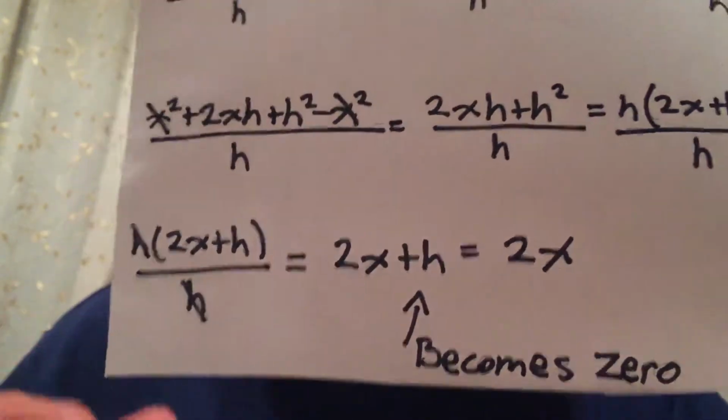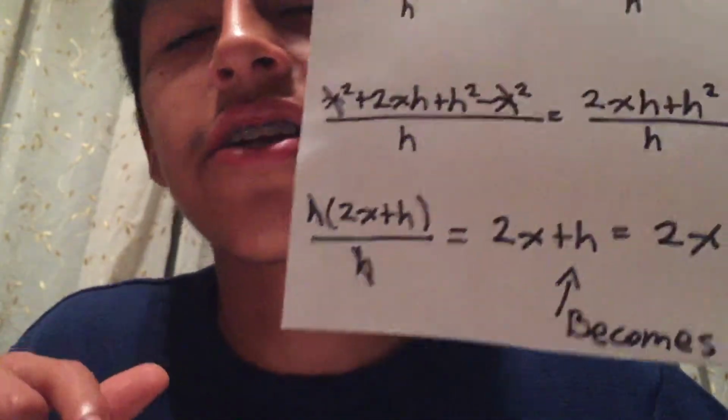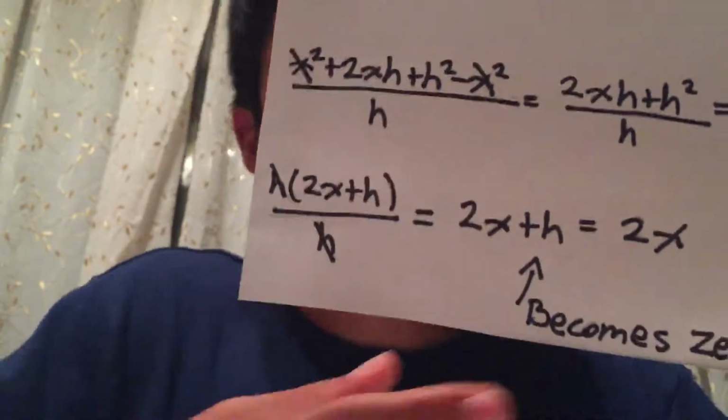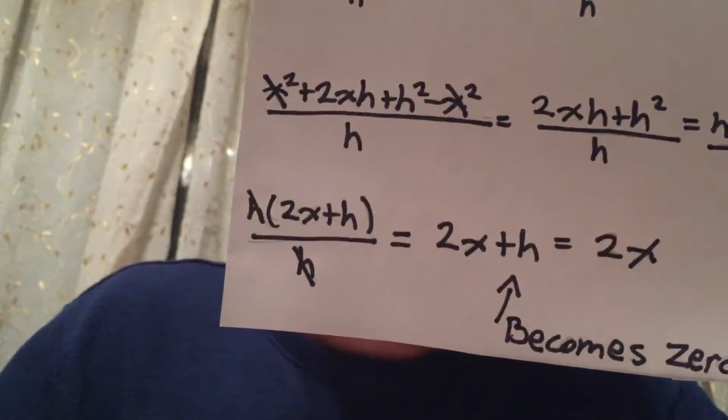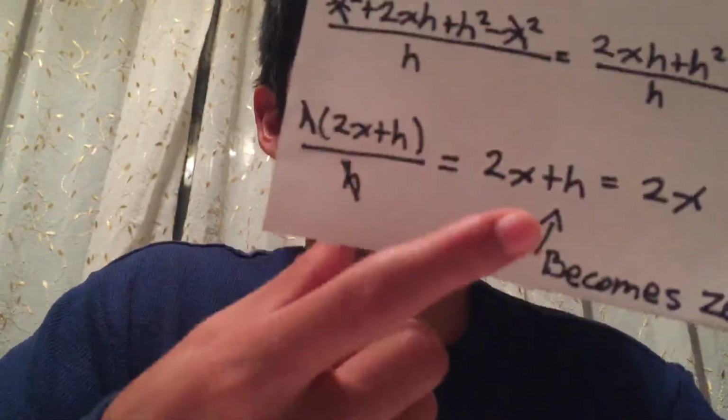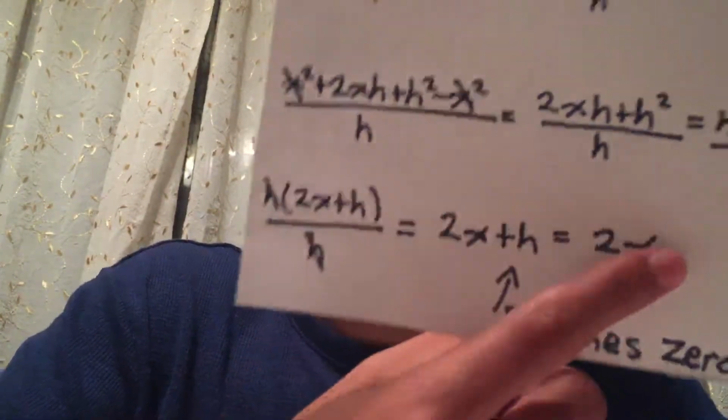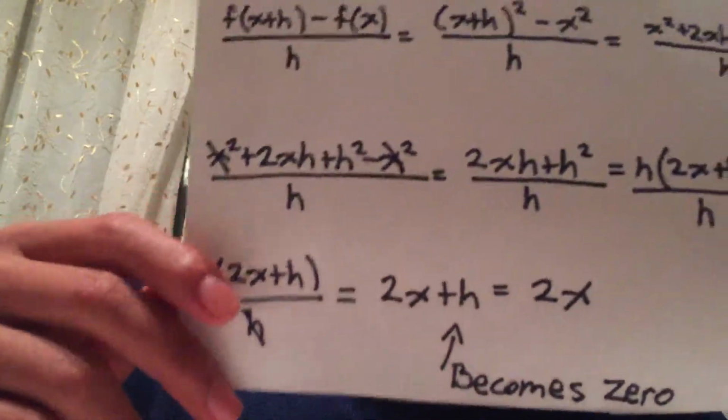And now that h is no longer part of being the denominator, we can allow it to be 0. So at that moment, we let h become 0. And since h becomes 0, there's no point in keeping it there. You can just bring it down to 2x.